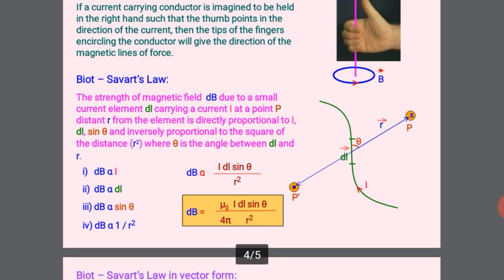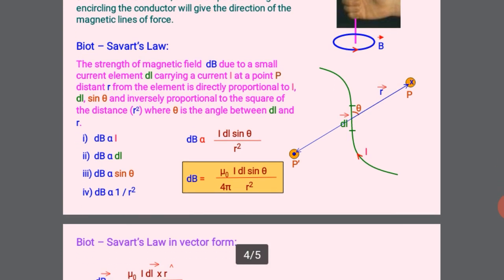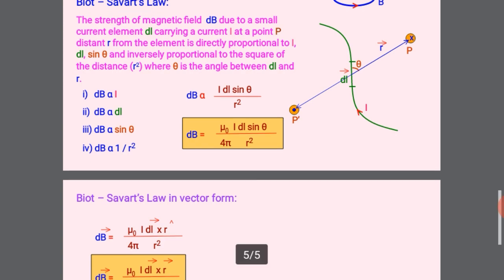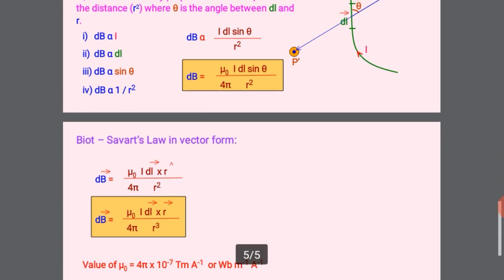is directly proportional to the current flowing through the conductor, is directly proportional to the length of the element, is directly proportional to the sine of the angle theta between the length of the element and the line joining the element, and it is inversely proportional to the square of the distance r between the element and the point P. On combining all these four, we will get dB is directly proportional to I dl sin theta upon r squared, or dB equals mu naught upon 4 pi I dl sin theta upon r squared.